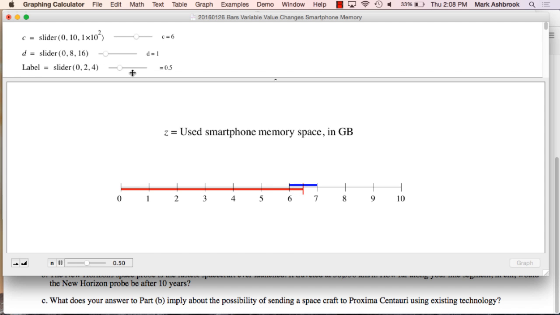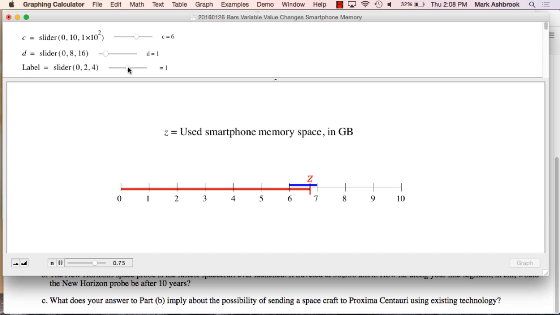Z, right? Hopefully you're seeing that's just representing Z. This red bar starting from 0 and extending out to some ending point on the right is representing Z, the current amount of smartphone memory that's used. Okay, so what about the blue bar? If the length of the red bar represents Z, then what about the length of the blue bar?